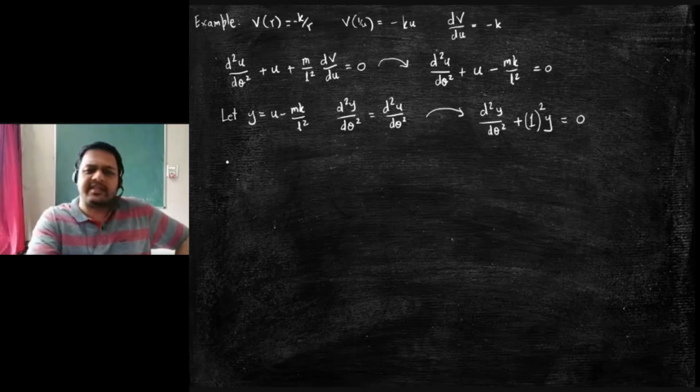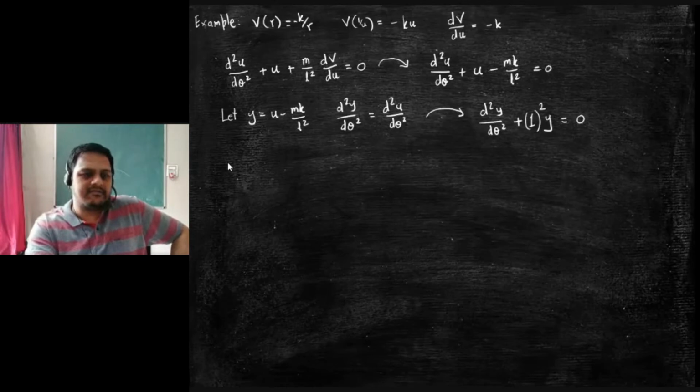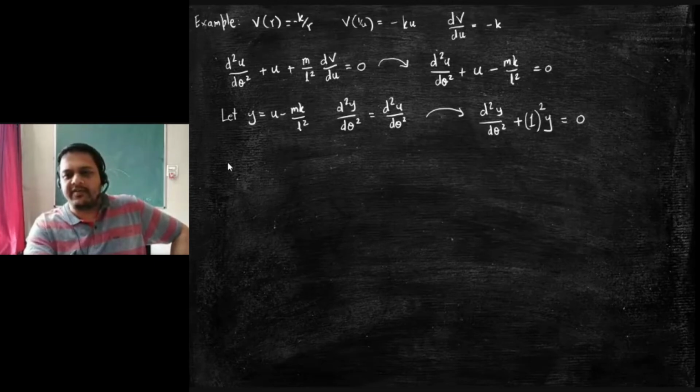What will be the solution? Can anyone tell me? Y equal to? This is like simple harmonic motion. Instead of x you have y, instead of t you have theta, instead of omega you have 1. So what will be the solution? Batao.